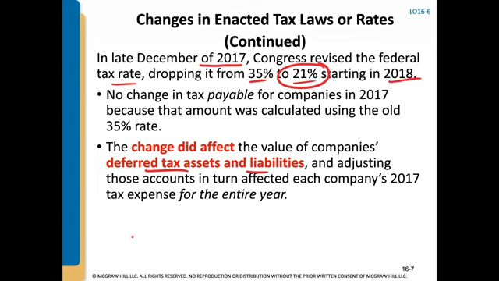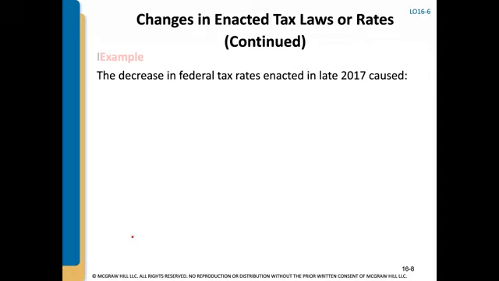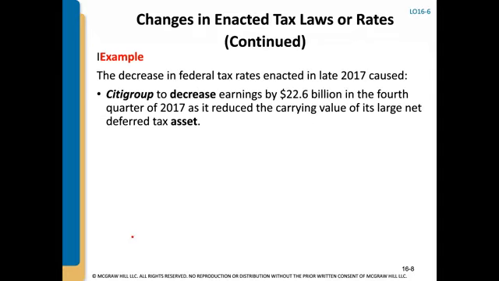So they had to readjust all of their deferred taxes. One example is Citigroup. Citigroup had a huge net deferred tax asset. And when I say net, it means they looked at all of their deferred tax liabilities and all their deferred tax assets, and when you add them up, it was a net deferred tax asset balance, which is a debit balance.